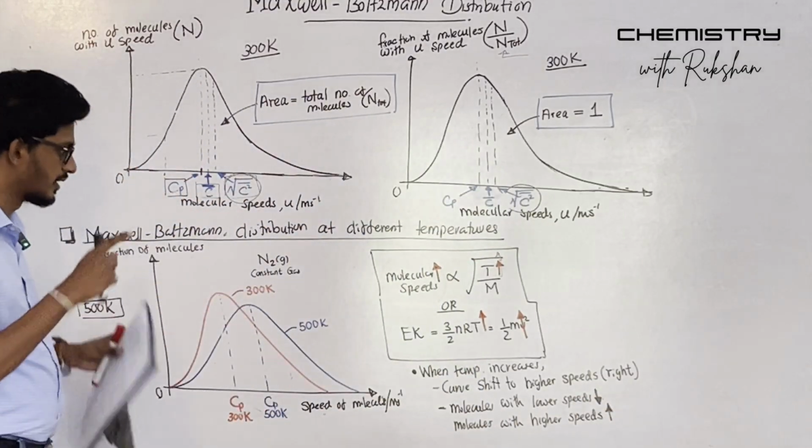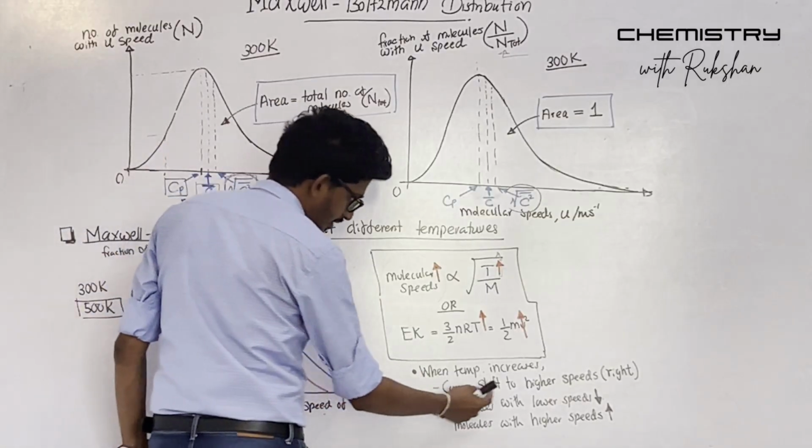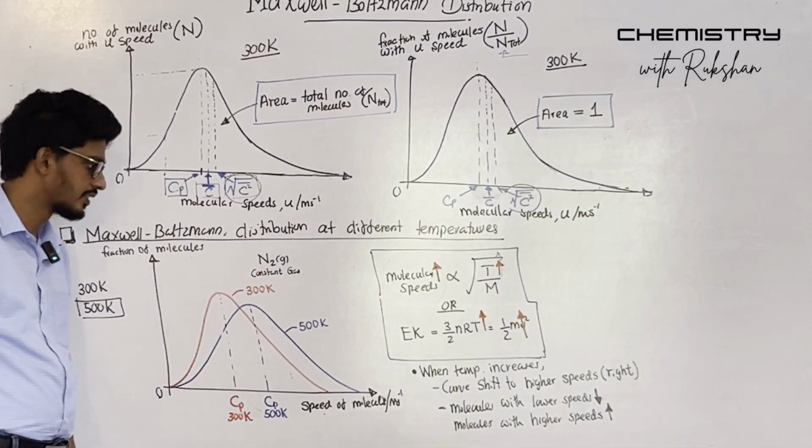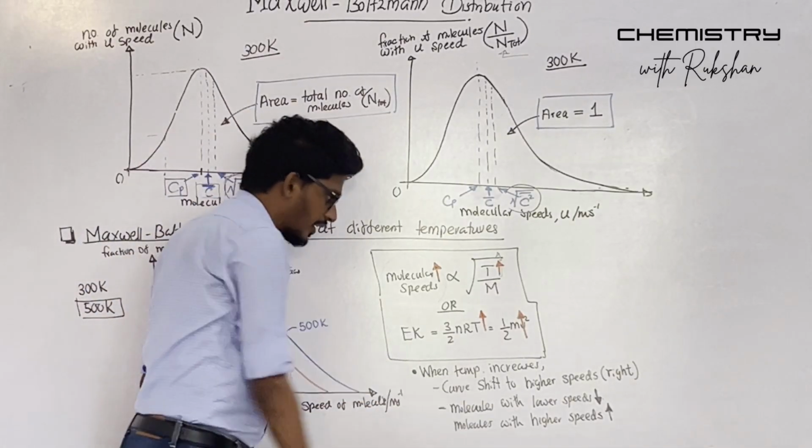When temperature increases, the curve shifts to higher speeds, which means molecules with lower speeds decrease and molecules with higher speeds increase.